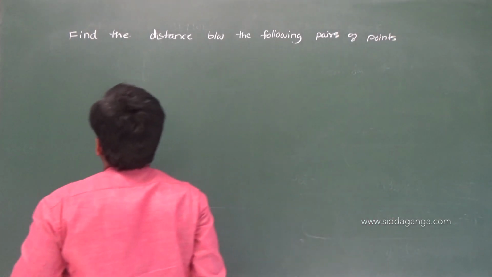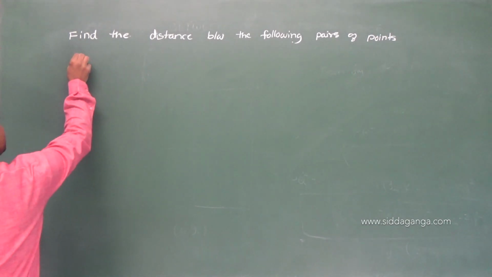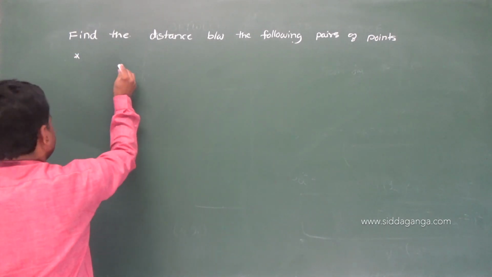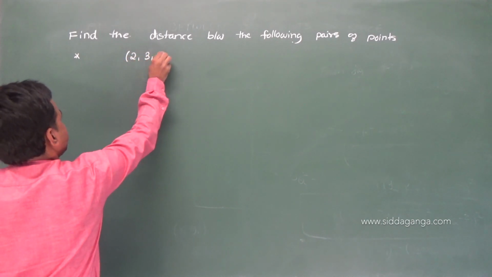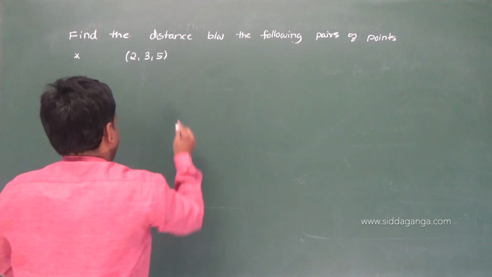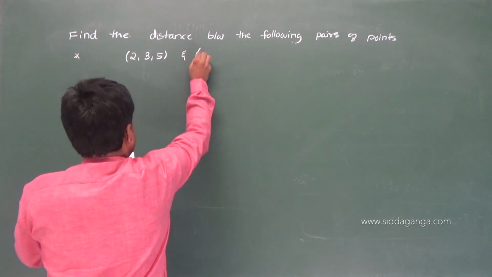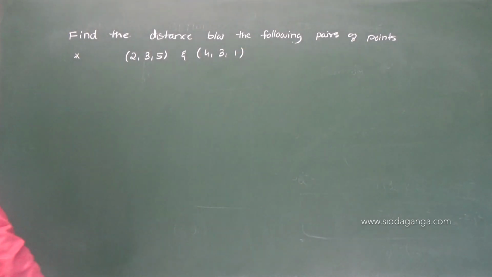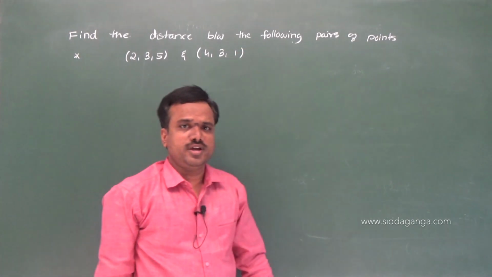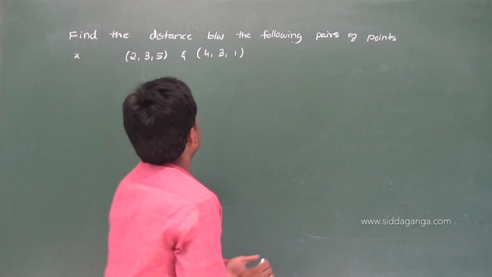This is exercise 2, the first problem. The points are 2, 3, 5 and 4, 3, 1.